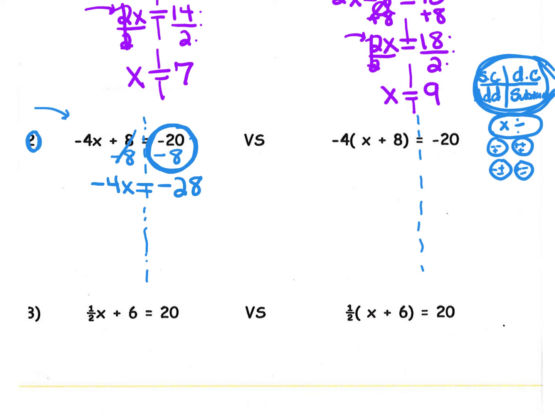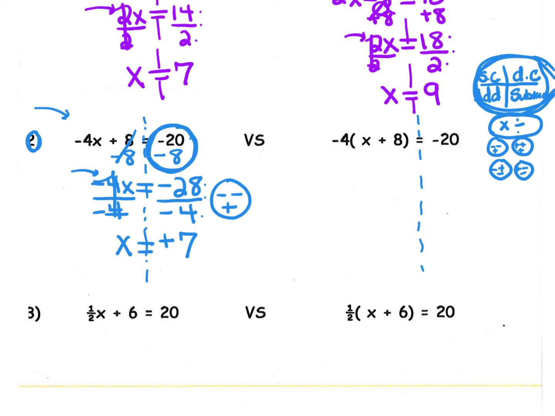Now remember, when you divide to get rid of the coefficient negative 4, you need to divide by negative 4, not only on the left-hand side, but also on the right-hand side. Let's think about Margar as we divide a negative 28 by a negative 4. Our x is now alone. Negative 28 divided by negative 4 gives us a positive, and the result is 7.